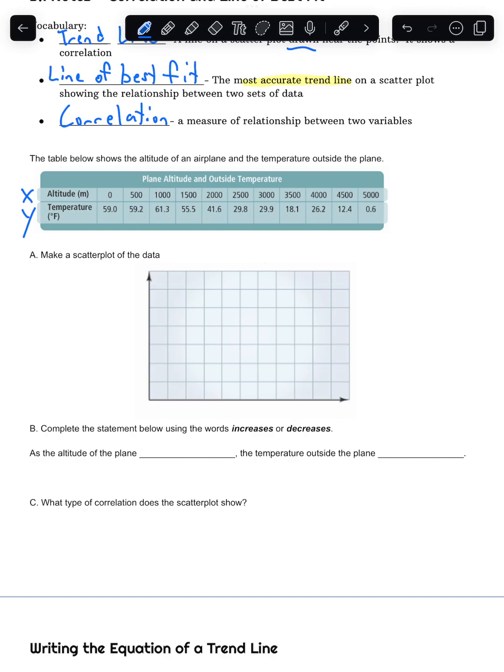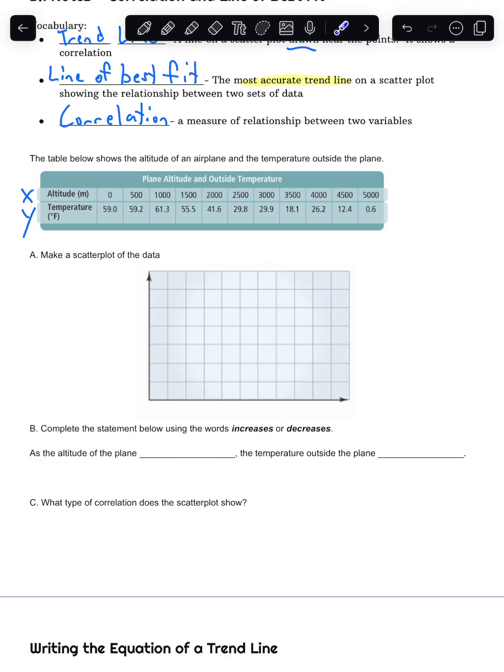For the temperature, this 61.3 is really the highest value, and my lowest value looks to be 0.6. So my temperature has to go somewhere between 0 and about 60 or 65, and my altitude has to go from 0 to 5,000.